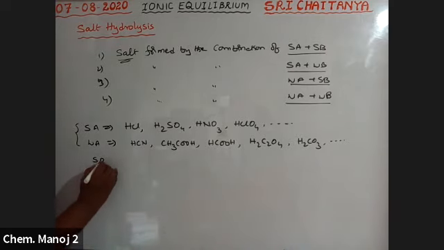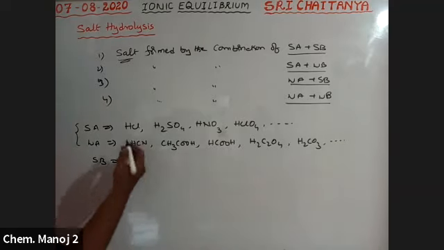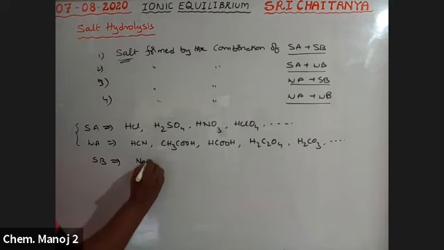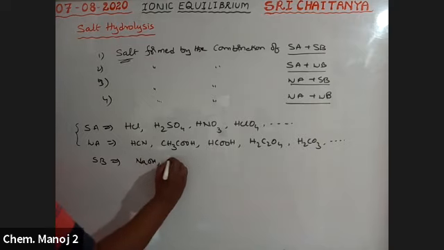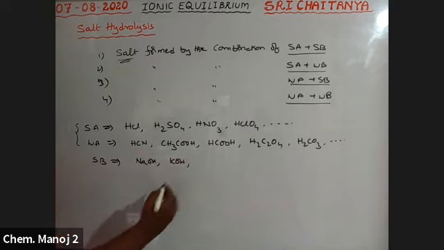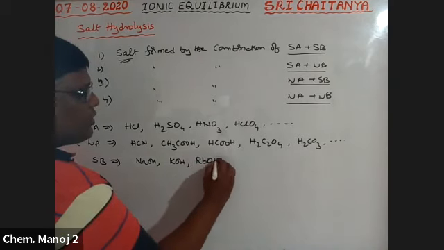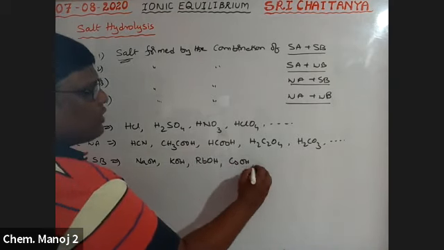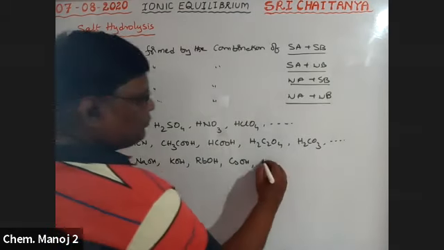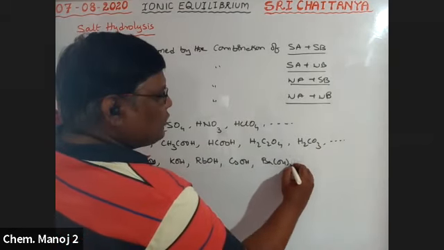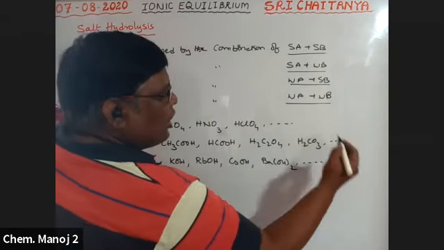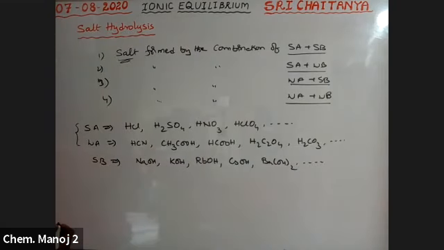Now, strong bases. These are the hydroxides of alkali and alkaline earth metals. Except lithium, sodium onwards: NaOH, potassium KOH, rubidium RbOH, cesium CsOH, and the second group's last one, barium hydroxide. All these are strong bases, my dear boys, strong hydroxides. Now weak bases.